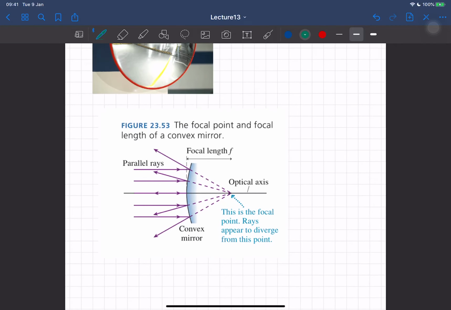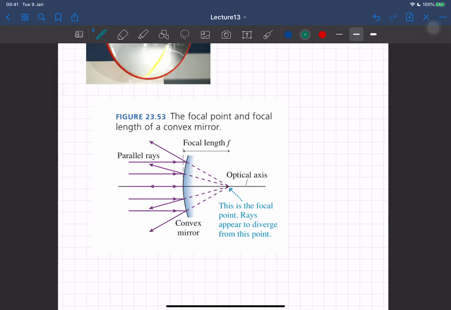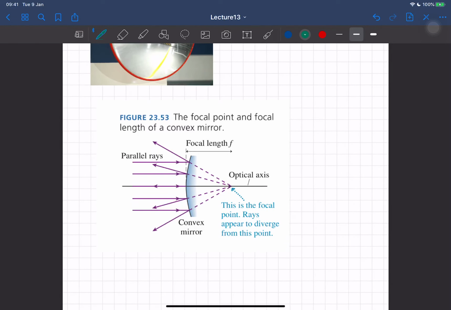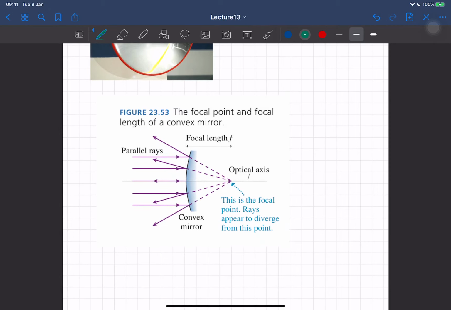I'm going to explain this in more detail later, but this is the diagram that I took from a textbook. It's a convex mirror. So that means the shiny part is this part here. So when I draw it, sometimes I'm going to draw it this way. I'm going to draw it like this, and then I'm going to shade the back like this.